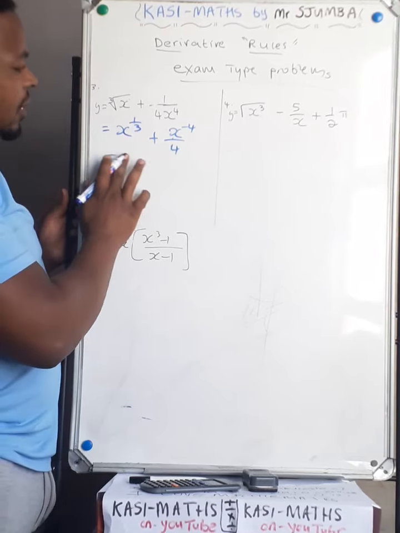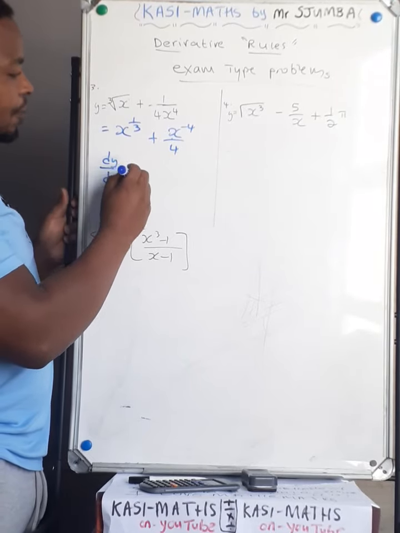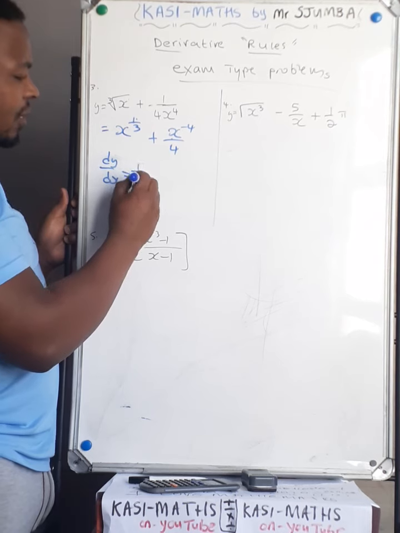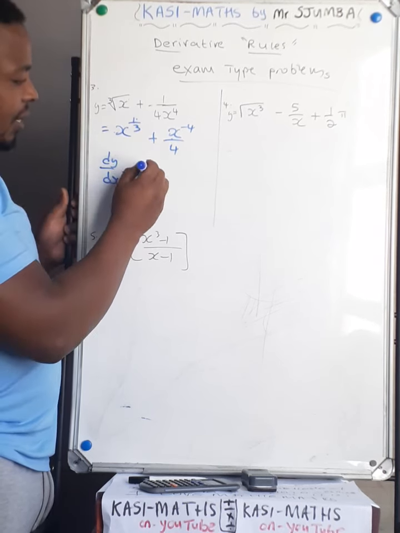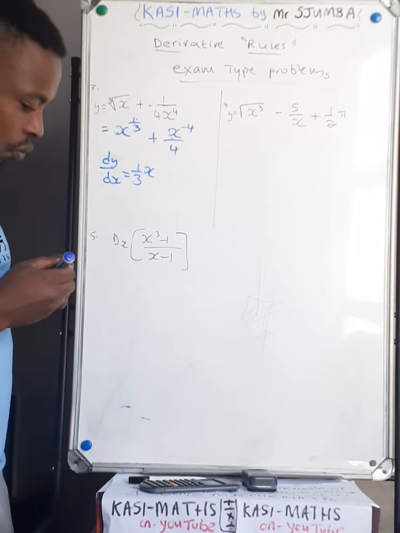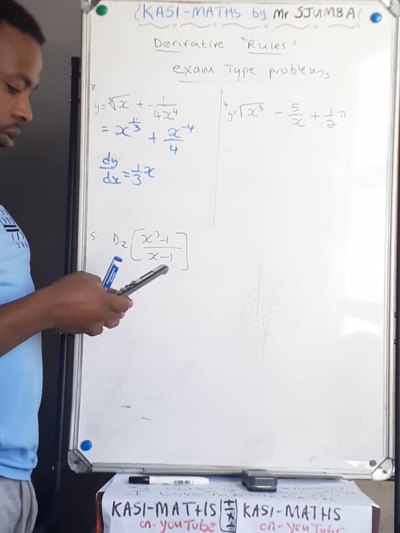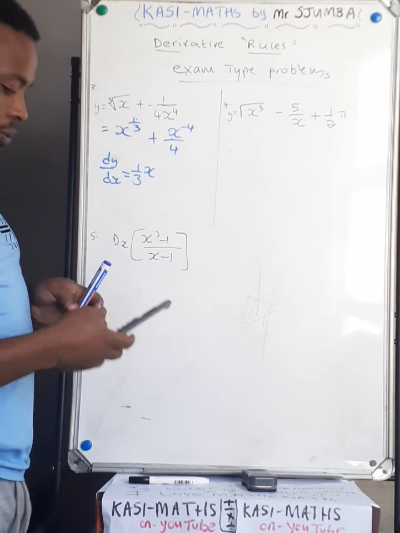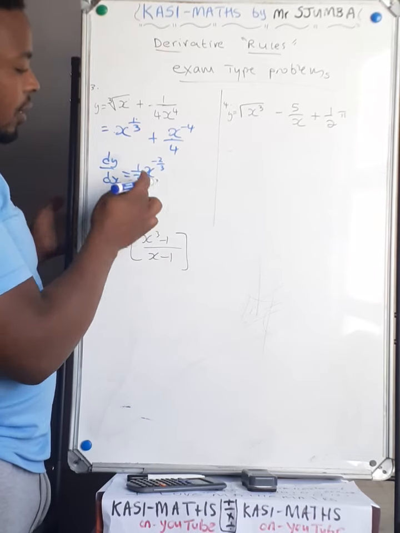So when we derive again, we can just write dy dx. We derive 1 over 3: 1 over 3 times 1 is 1 over 3, then x remains up there, and 1 over 3 minus 1 gives negative 2 over 3, so x to the minus 2 over 3.